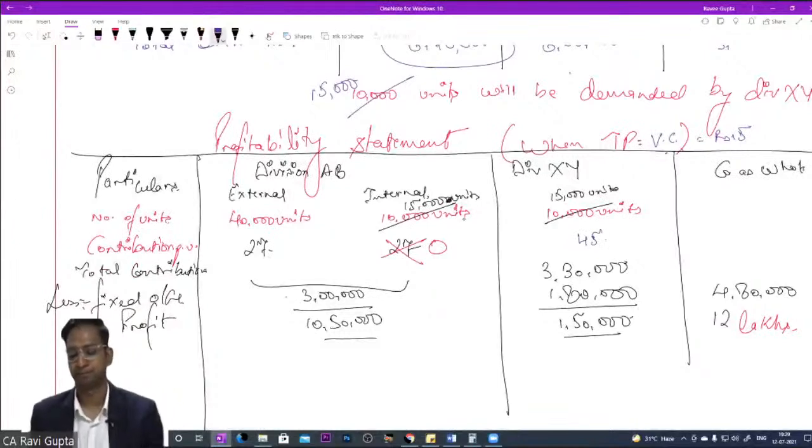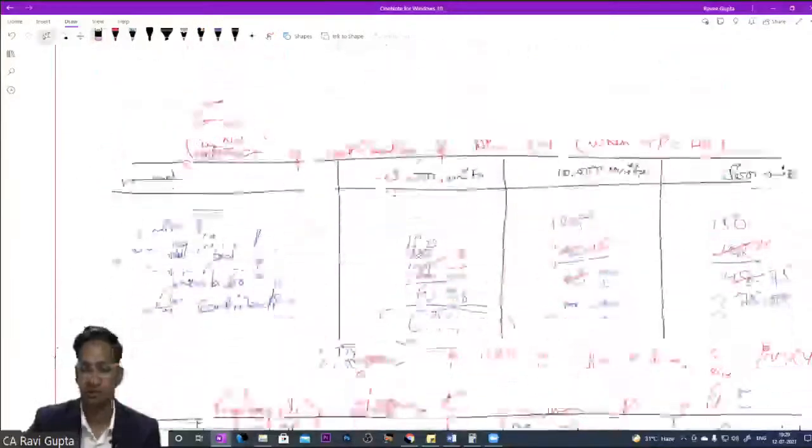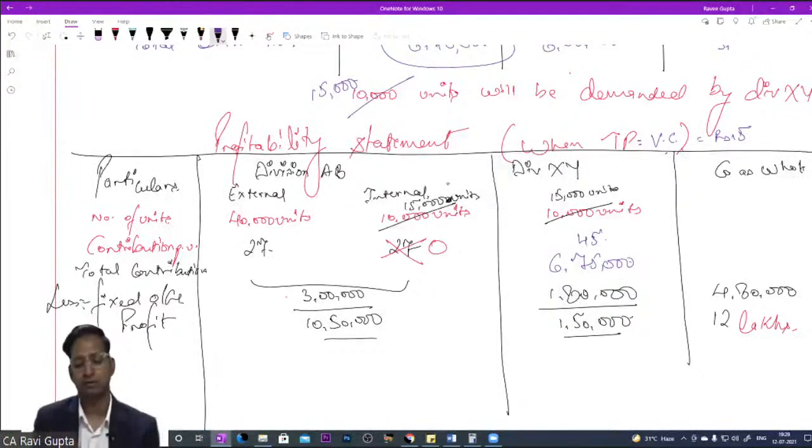Right. The contribution is 45 rupees. So definitely the total contribution is also going to change. The total contribution we have calculated is 6,75,000 rupees. Okay. My question to everyone: we have changed our number of units, that is 40,000, 15,000, 15,000.